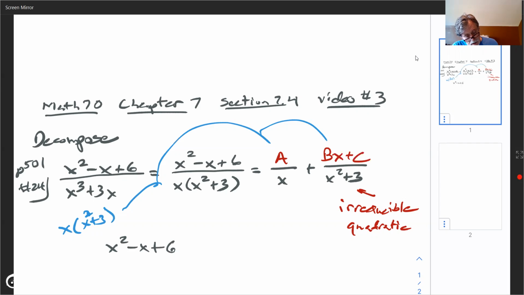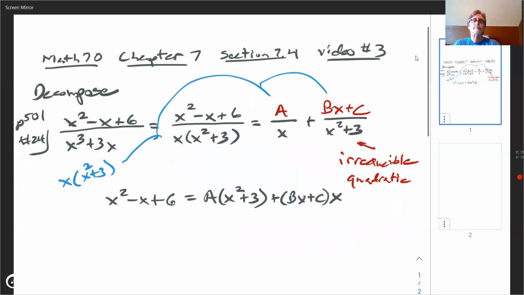And then on the other side, when you hit the a over x, you'll lose an x, but you still have a multiplying with x squared plus 3. And when it hits the last fraction, which is the bx plus c, it's going to lose the x squared plus 3, but it still retains the x. So we have plus bx plus c times x.